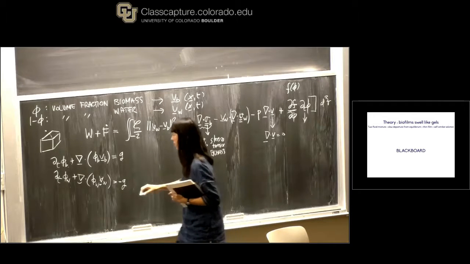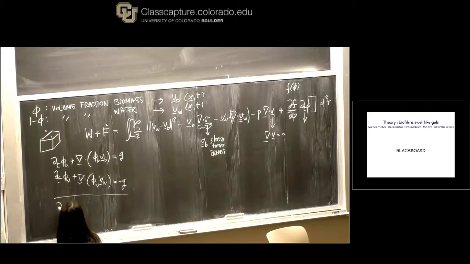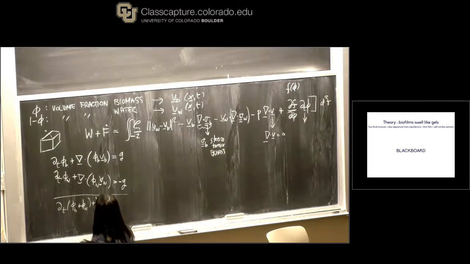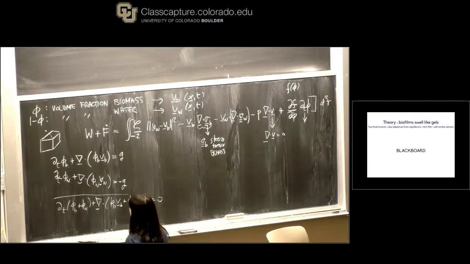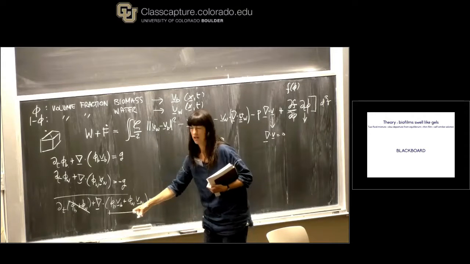Okay, great. So now we add these two, and we have that dt of phi biomass plus phi water plus divergence of phi biomass v biomass plus phi water v water equals G minus G equals 0. And phi b plus phi w is 1. So this goes to 0. That says that for this velocity, it is actually true.